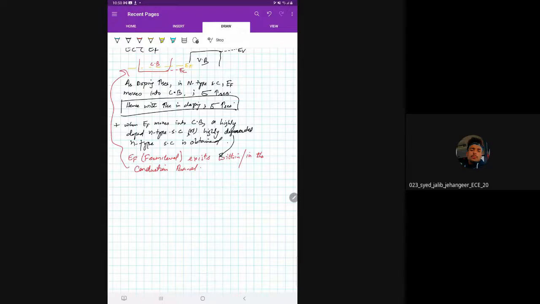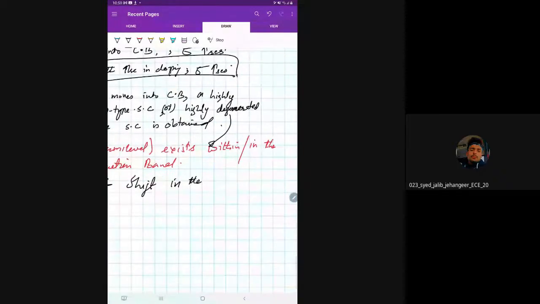Okay, all right. Now, sometimes it is also imperative to calculate the shift of the Fermi energy level due to doping. Shift of the Fermi energy level, यानी कितना shift हो रहा है. So we can sometimes determine the shift in the position of Fermi energy level due to doping, or shift from intrinsic concentration.